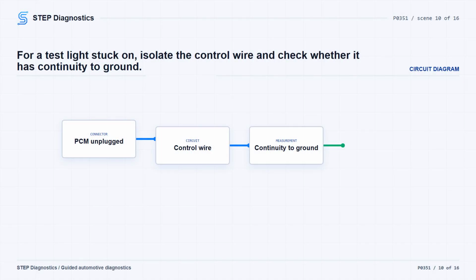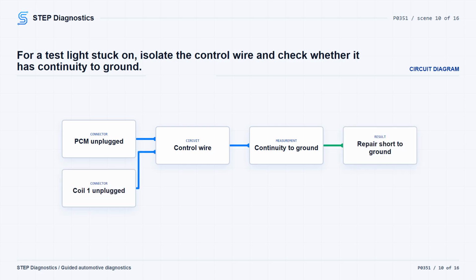If the test light stayed on constantly during cranking, isolate the ignition coil 1 control circuit and check it for a short to ground. Turn the ignition off, disconnect the ignition coil 1 harness connector, and disconnect the PCM harness connector. Check continuity between ground and the control circuit at the ignition coil 1 connector.